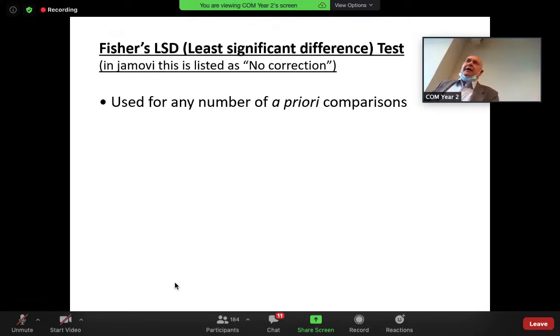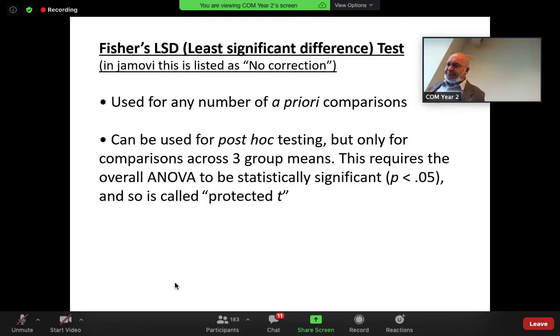So if I had said with our 4 groups that I wanted to do all 6 comparisons a priori, then I could use Fisher's LSD. It can also be used for post hoc testing, but only for comparisons across 3 group means, and this requires initially that the ANOVA comes out statistically significant, and so it's called a protected t-test.